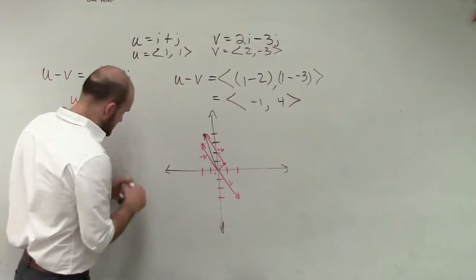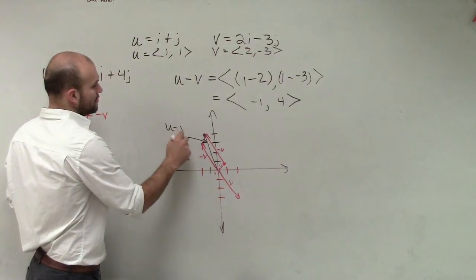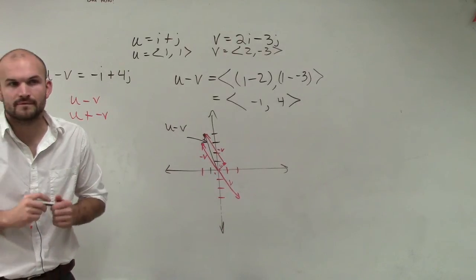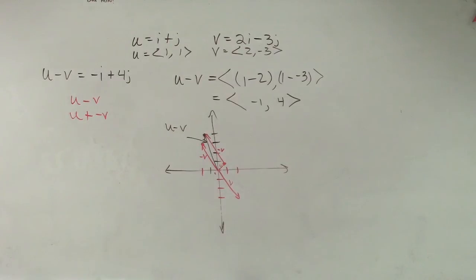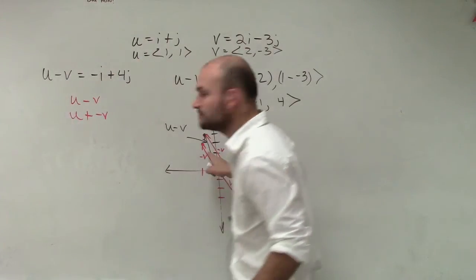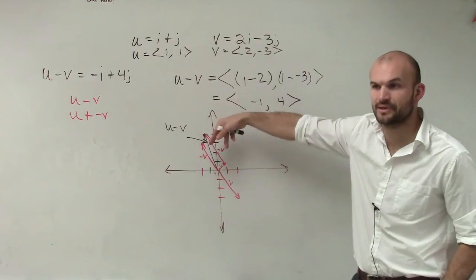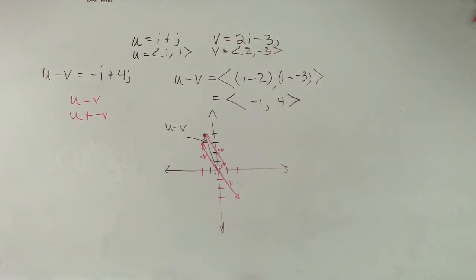Because this brown vector represents u minus v. Okay? Any questions? No. Okay. So what are you looking for as the answer? You're just looking for the brown. The brown is the answer. But I'm showing you all this red, how to get to it. Okay? Because it says sketch it.